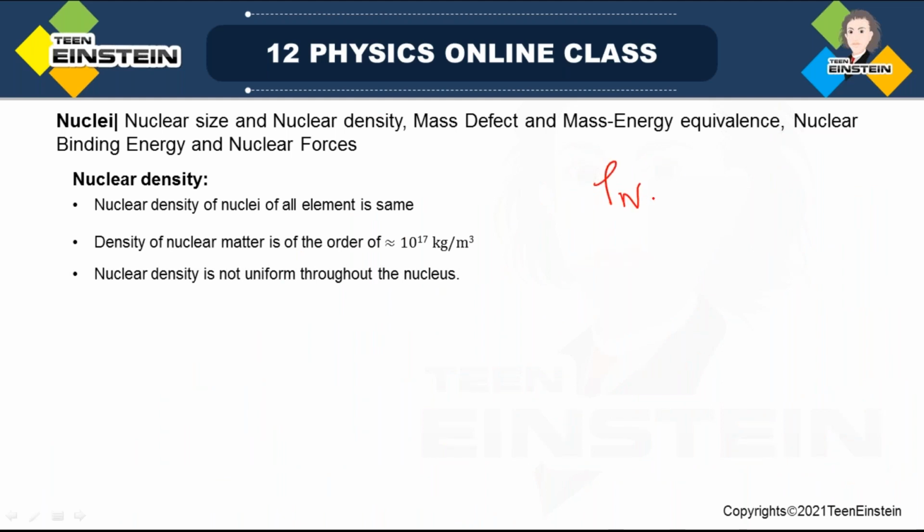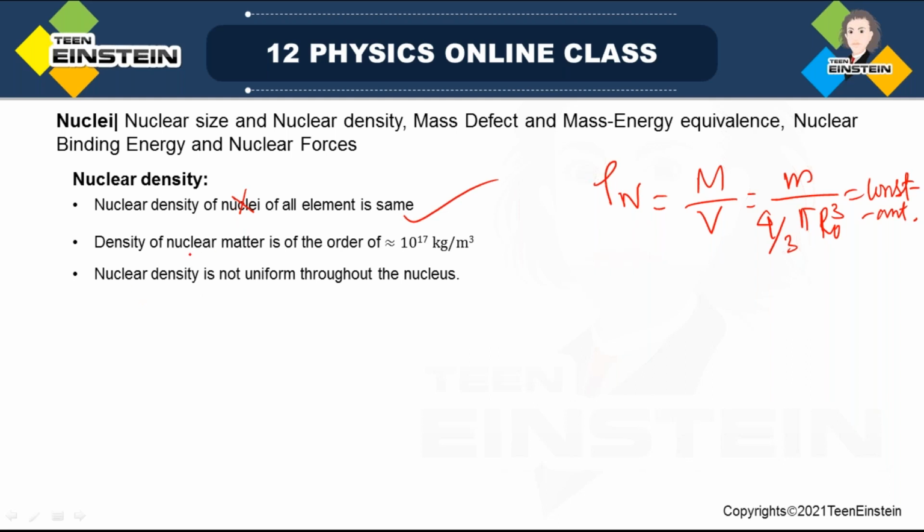We have seen that the nuclear density, which is m by V, was given by the mass of each nucleon by 4 by 3 pi r naught cube, which is a constant term. So the nuclear density of all the elements is the same.